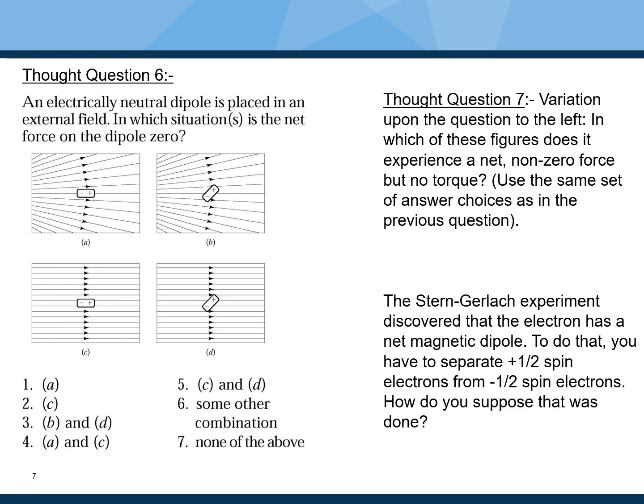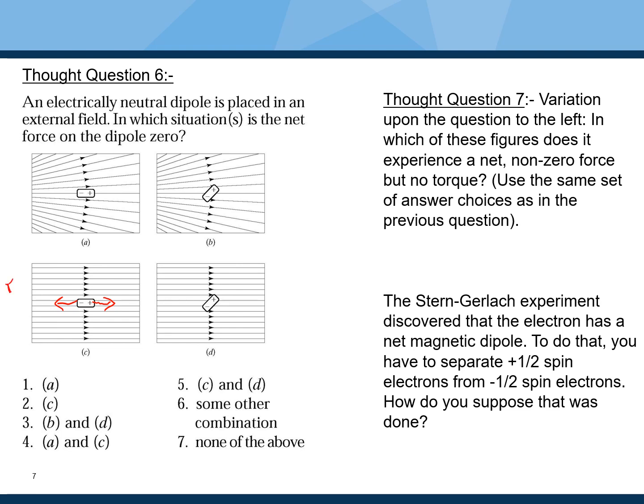Now, of course, we realize that if we have a uniform electric field, then based on what we've studied so far, let's focus on panel C, the force on the positive part of the dipole will be equal and opposite to the force on the negative part of the dipole, and therefore we will have a net force that is exactly equal to 0 in this situation.